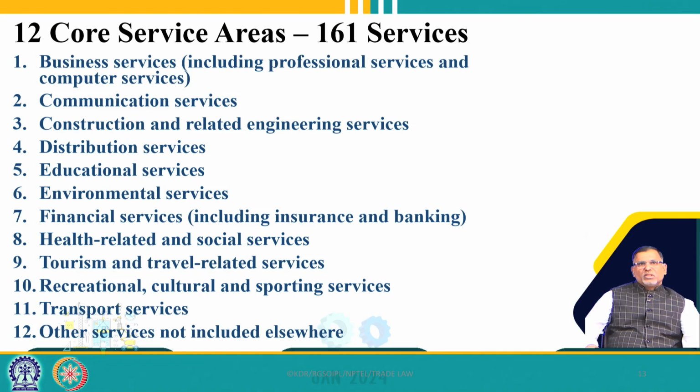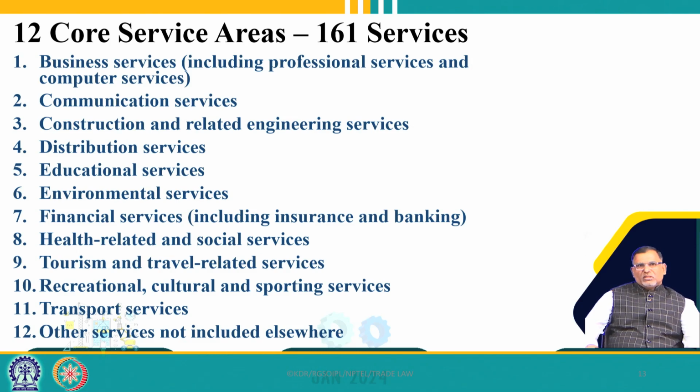So, I was talking about the core supply areas. This core area of supply is considered to be 161 services. These 161 services are identified by the United Nations product classification system.